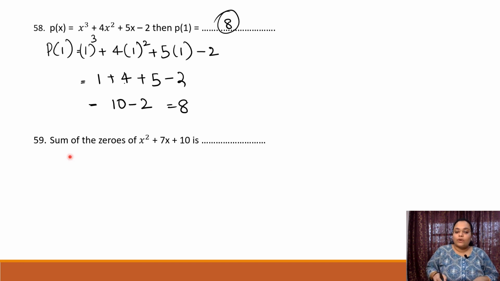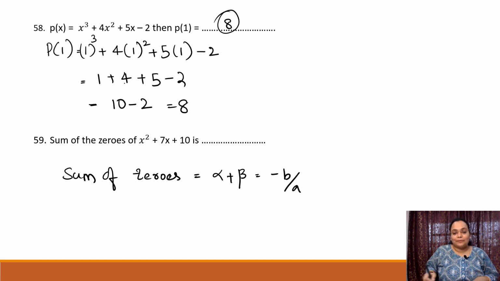So the next question is sum of the zeros of the given polynomial x square plus 7x plus 10. So we need to find sum of zeros. How do you find the sum of zeros? Sum of zeros, alpha plus beta, is equal to minus b by a.